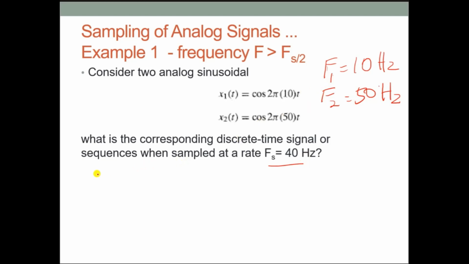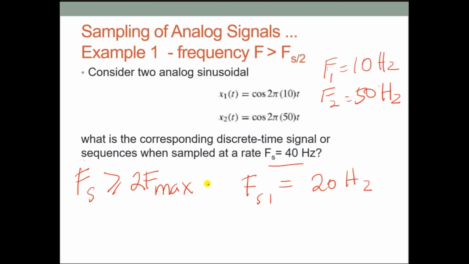Now, if we follow the Nyquist sampling theorem, Fs is bigger than or equal to 2 f max. Obviously for signal 1, x1(t), the minimum sampling frequency is 20 hertz, because 2 times 10 hertz.